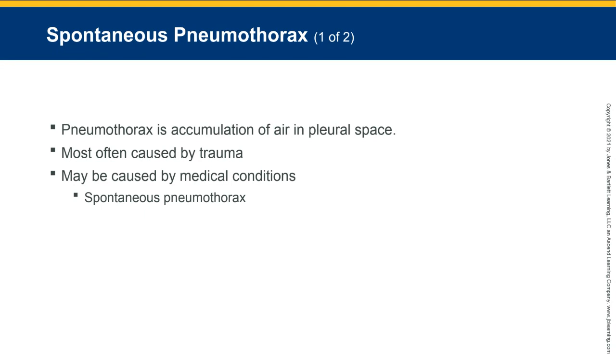So pneumothorax, again, is the accumulation of air in the pleural space, most often caused by trauma, but may be caused by medical conditions. And once it's a medical condition that causes the pneumothorax, it is referred to as a spontaneous pneumothorax.